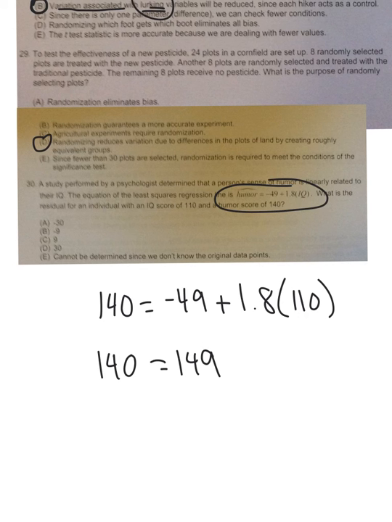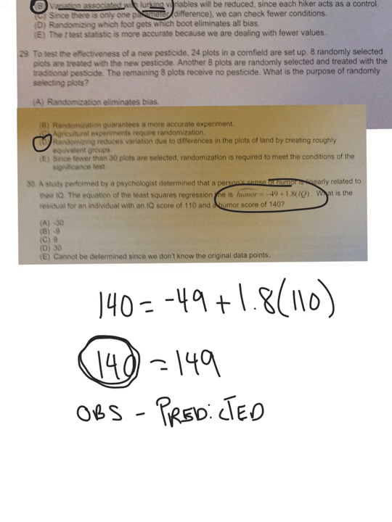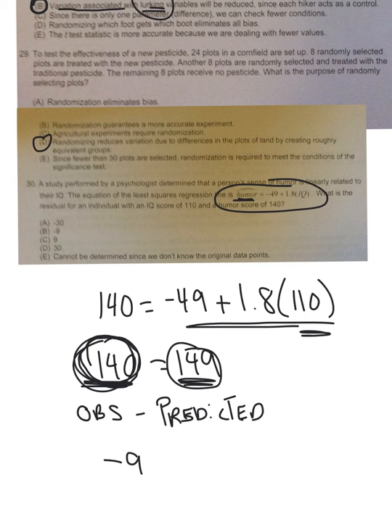And remember, it is the observed minus the predicted. This is the humor score that we actually had, and this is our prediction, given that we have this IQ. So observed minus predicted gives us -9, which is B.